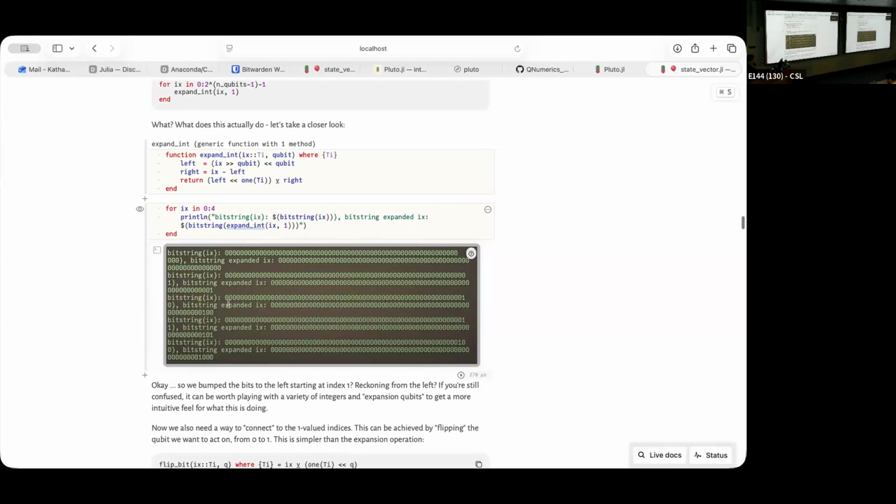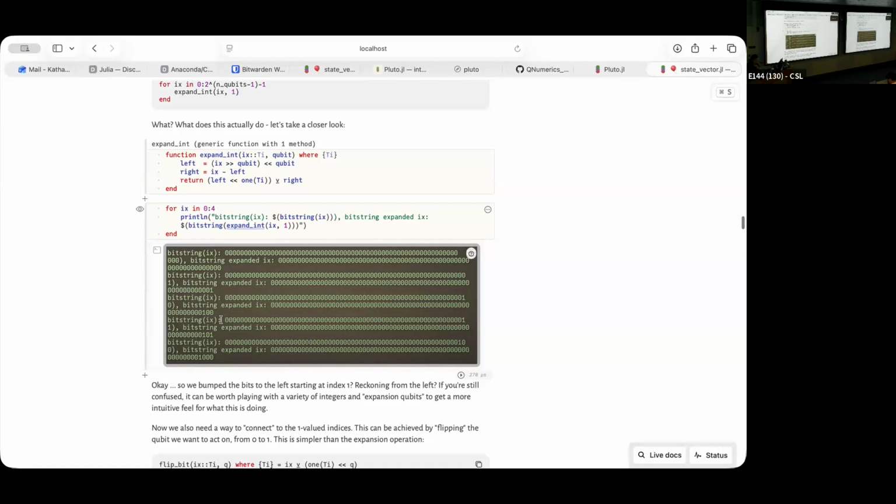So for ix equals 1, nothing happens. I have 1 at the end and 1 at the end. But for ix equals 2, right at the end here, you can see we have 1, 0, which represents 2. If I insert a 0 at position 1, then the 2 has moved over by 1. So now this would be 4. So 2 is mapped to 4.